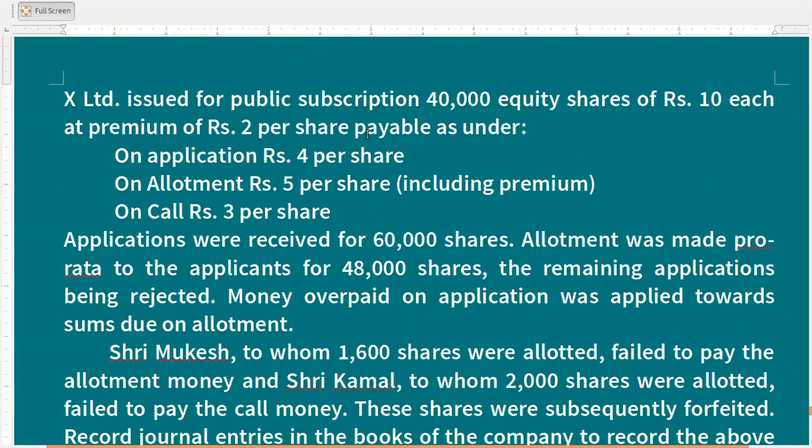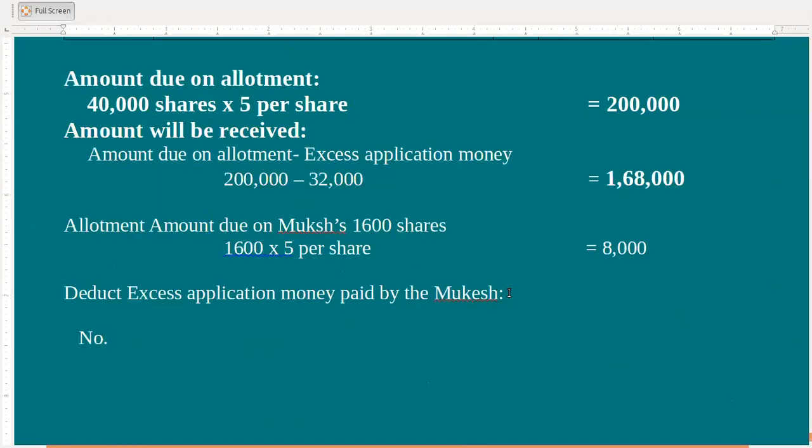We know the company has only 40,000 shares but received 60,000 applications. So the pro rata allotment was made for 48,000 shares. So this is the ratio, 48,000 divided by 40,000. So we can calculate the number of shares applied by Mukesh.